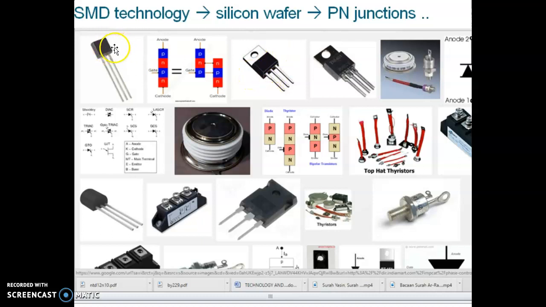The small signal transistors do not have any metal tab. And this is the picture of a GTO. And we have here Schottky, SCR, GTO, UJT, BJT. All of these are power processor devices.